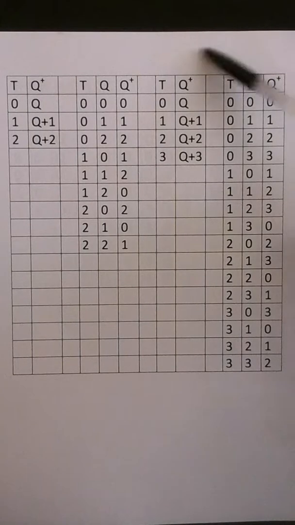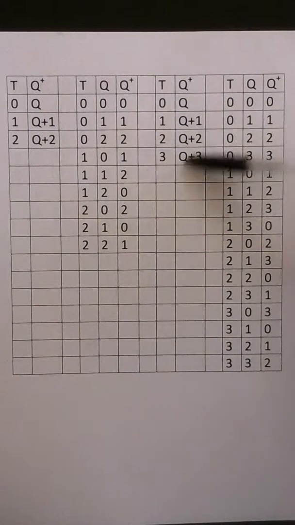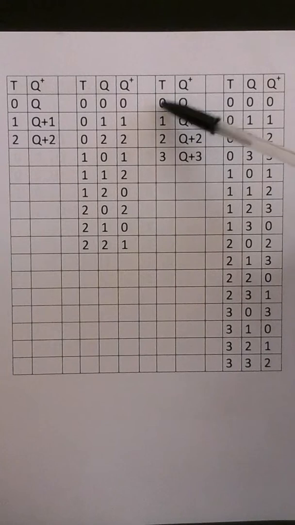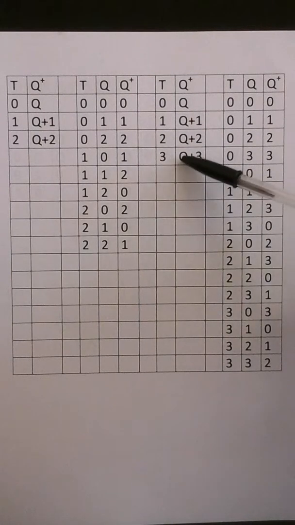On the quaternary system, 4 logic states, here we have the short form table and the long form table. And we can see again Q plus equals Q when T equals 0, Q plus 1 when T equals 1, Q plus 2 when T equals 2, and Q plus 3 when T equals 3.